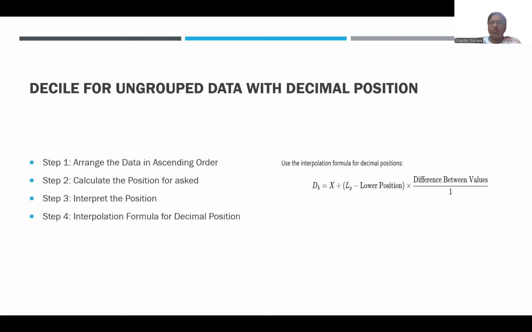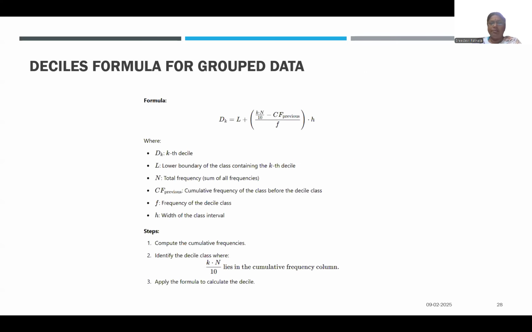For the decimal position, the interpretation uses a different formula here: X plus the fractional part, that is, the position minus the lower position, into the difference between the values, divided by 1. When interpreting the integer and decimal positions, we'll use this formula. How we interpret everything, we'll discuss in the deciles examples.